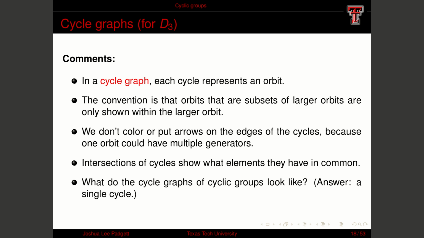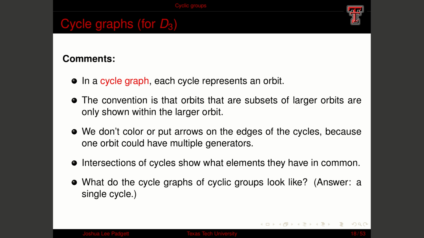Think about, once again, the set of integers modulo 8. The entire integers modulo 8 is 0, 1, 2, 3, 4, 5, 6, 7, 8. However, there is another cycle that lives inside of it which is generated by 2, and that is 0, 2, 4, 6, 8, where both the 8s go back to 0.